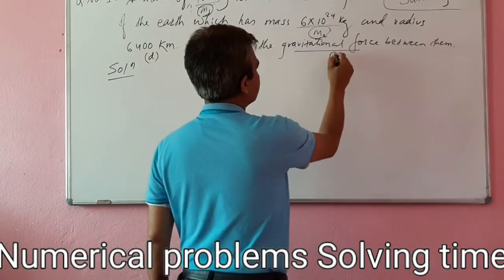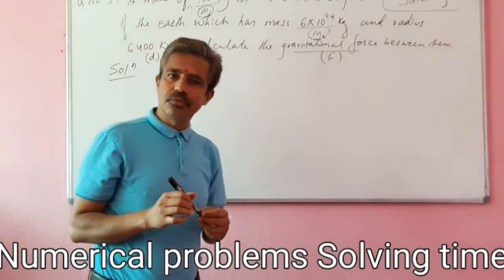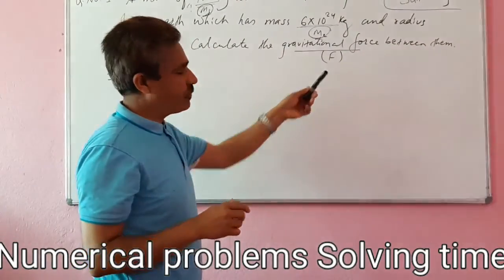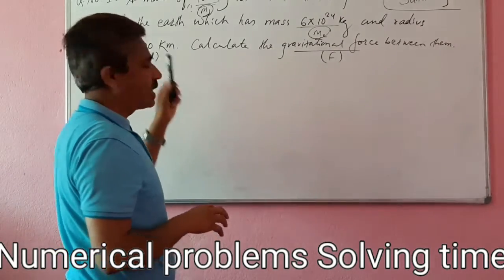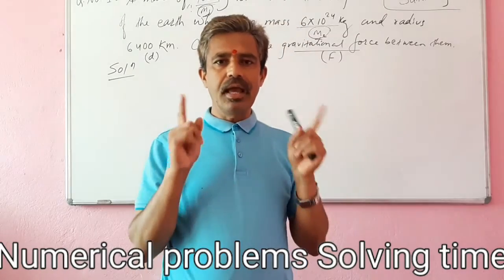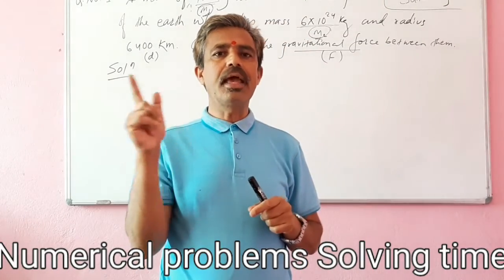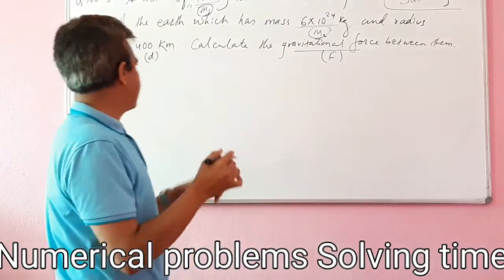Gravitational force means what to calculate? F. Do you know the formula? To calculate F, if M1, M2 and D are given, the formula is F equals G M1 M2 by D square.